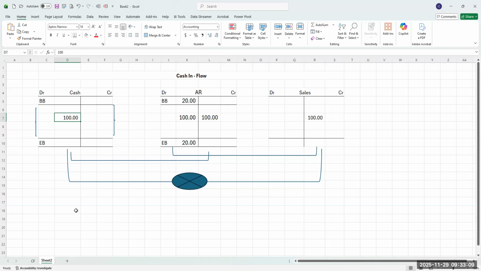Does that make sense? So what will be the formula? The simple formula will be sales plus beginning balance of accounts receivable minus ending balance of accounts receivable is going to give me the cash collection.